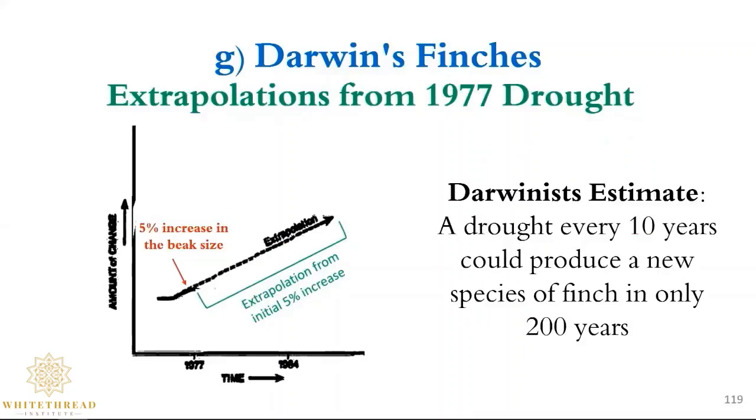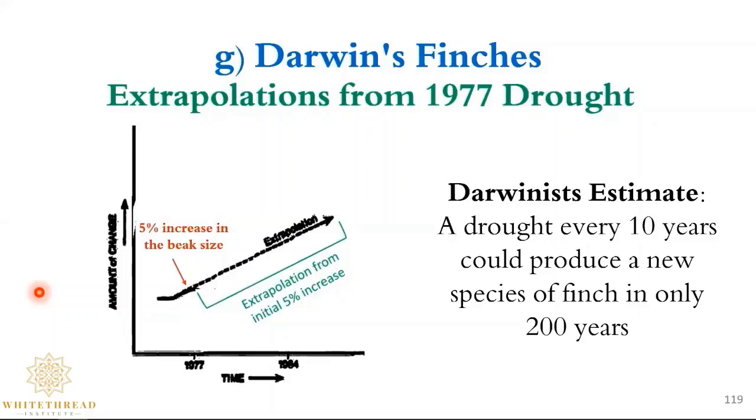So what did the neo-Darwinists do? They extrapolated a speciation event from the initial 5% increase in beak size. This part here, where you can see the dashed lines, is an extrapolation from the actual evidence, which was only a 5% increase in beak size.